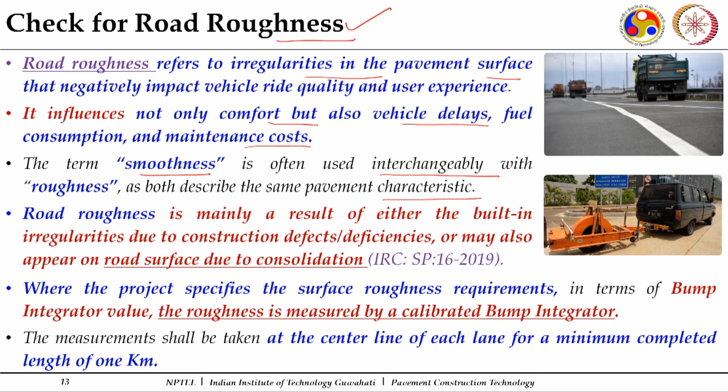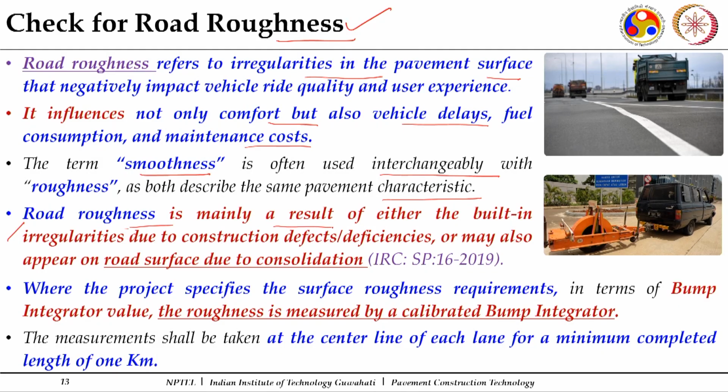And why this can occur: the road roughness may be good enough initially, just after the construction, but in due course of time you might experience that the smoothness has reduced or the roughness has increased, the bumpy nature has increased, because there may be some structural defects occurring, some consolidation happening, some occurrence of potholes and cracks, all of which make your ride rough in the coming years.